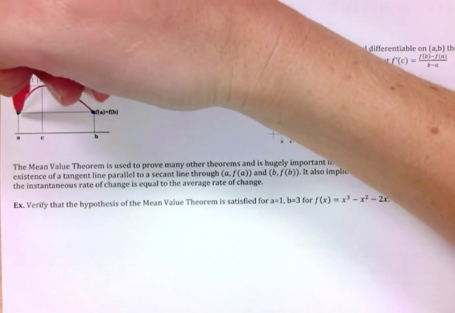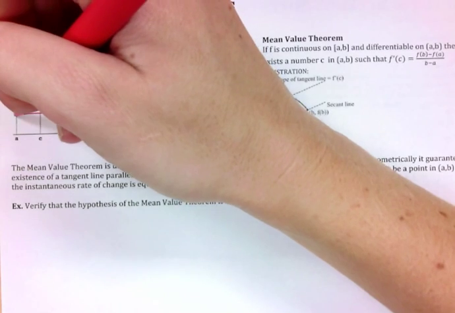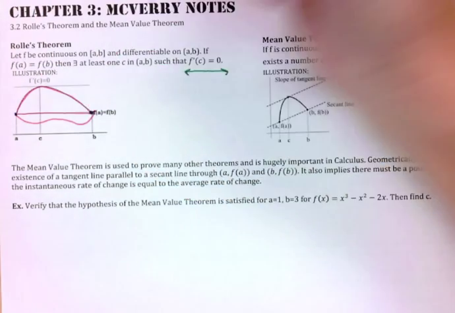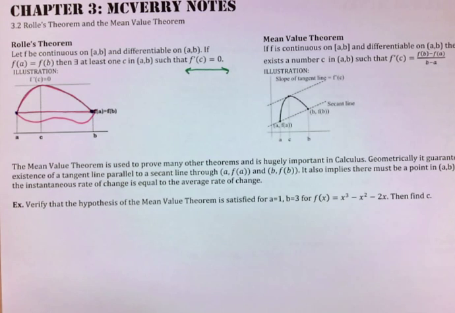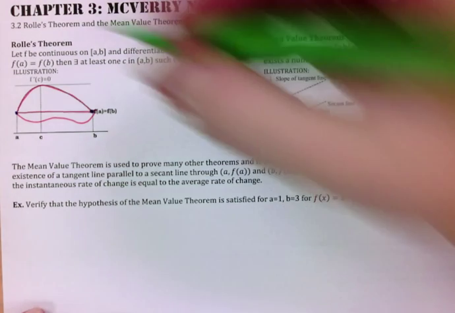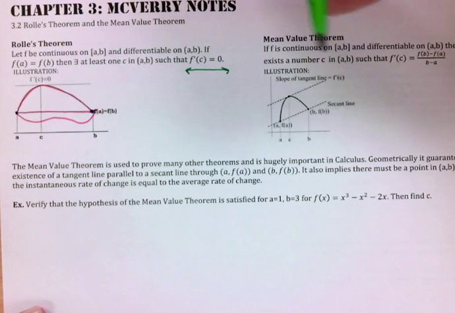You could just be a straight horizontal line, or you could be like some squiggle over here. Somehow you have to connect these two values. And if those two values are equal, then you know at some point with that function that you're going to have a slope of your tangent line equal to 0.